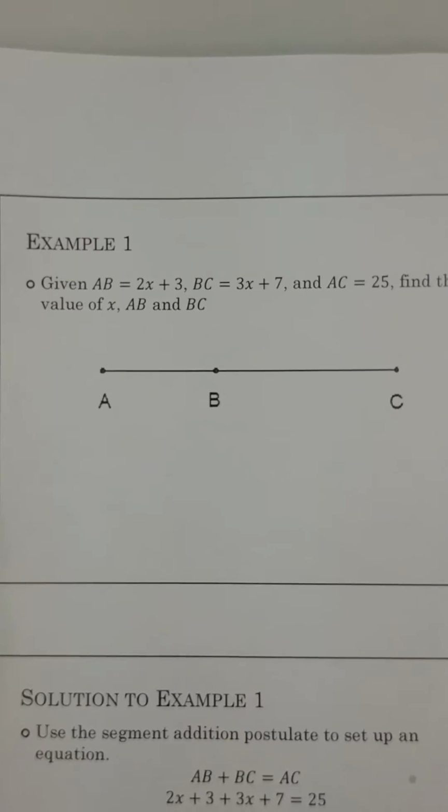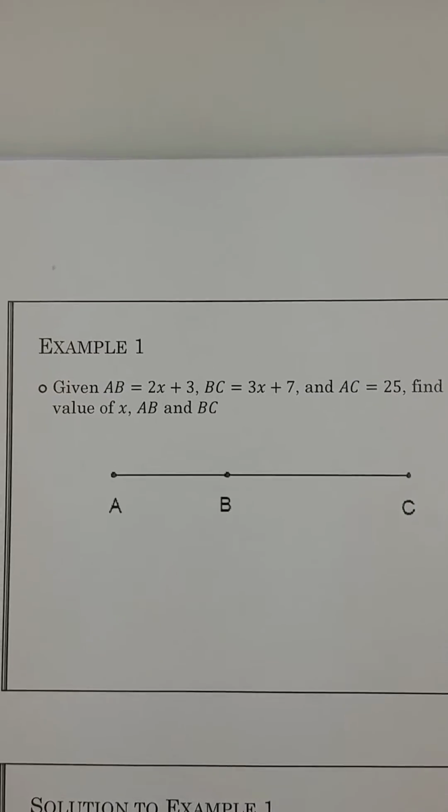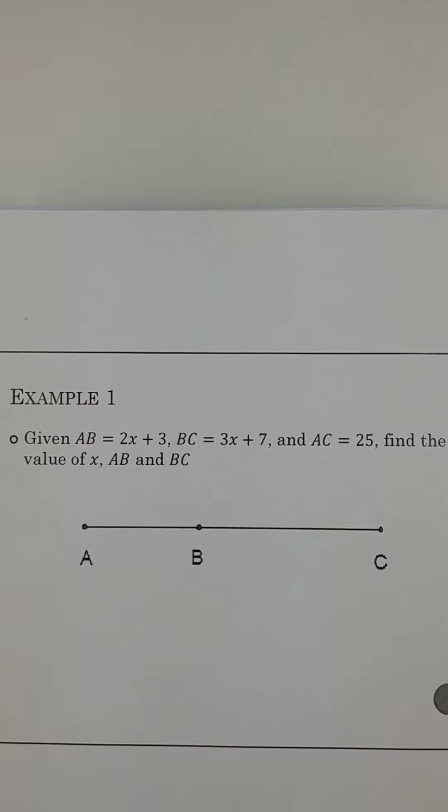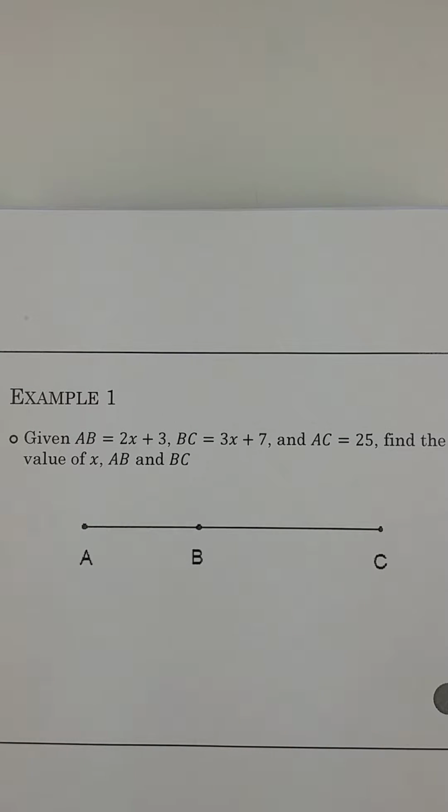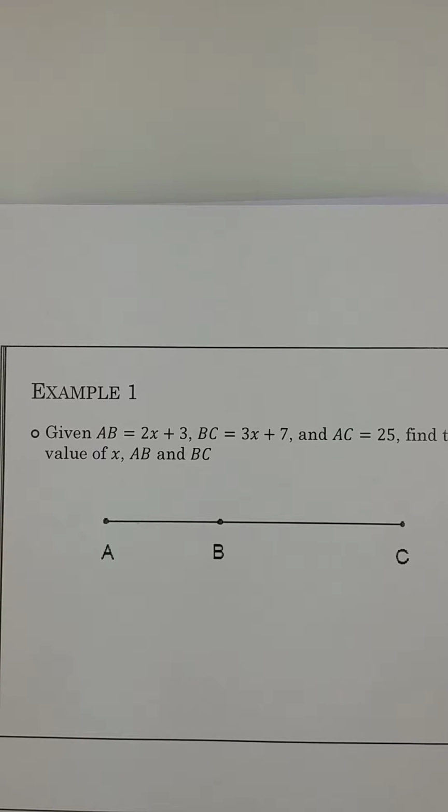So this first example is: given that AB is 2x plus 3, BC is 3x plus 7, and AC is 25, find the values of x, AB, and BC. The first thing we need to do is find x.